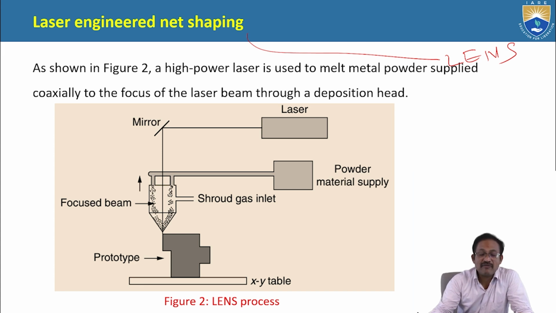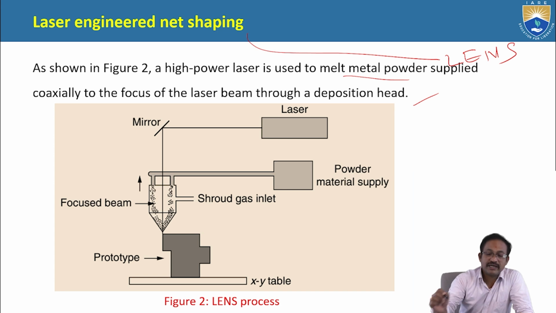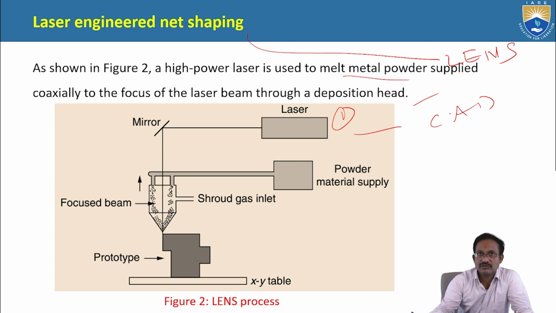Here a high power laser is used to melt metal powder supplied coaxially to the focus of the laser beam through a deposition head. Look at this system. Here the laser will be supplied as a stream of layers from the CAD model input. Based on the CAD model profile, the laser will be supplied and subsequently the mirror deflects accordingly.